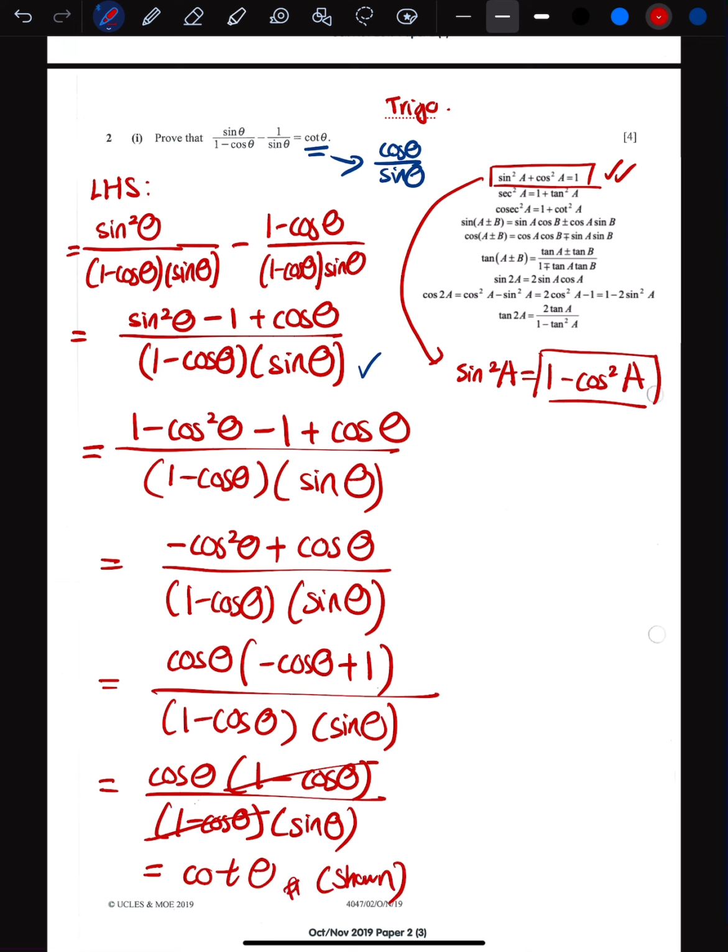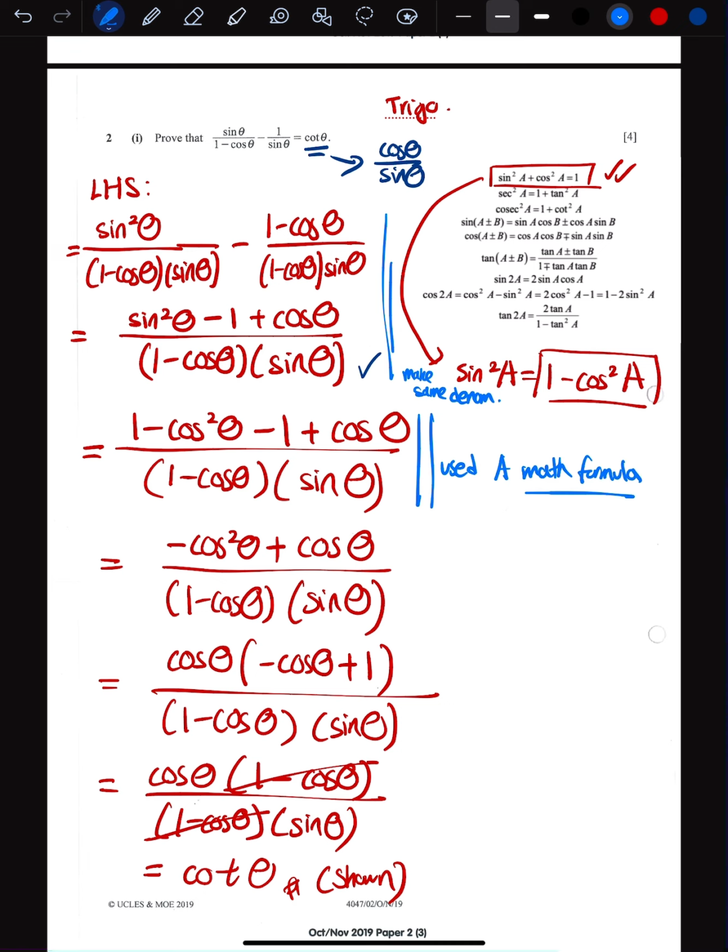Okay, so for proving, you should just treat it as E-math. The first part, all we're doing is making the same denominator, right? Then the second part, we combined them together, and we used the A-math formula sheet to see the pattern.